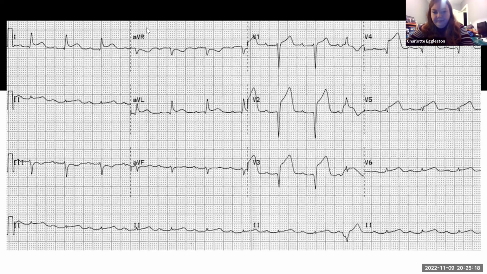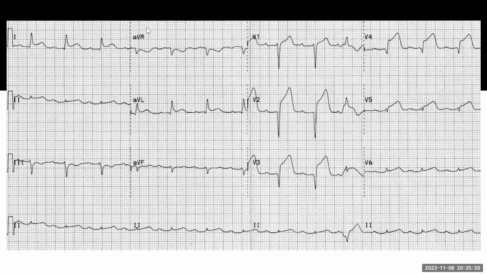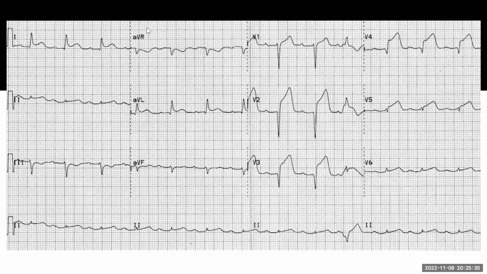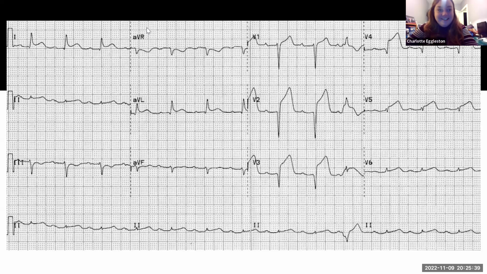So V6 and lateral, like left circumflex artery, maybe. Potentially. What about the other chest leads? Any worries? V1, V2, and V3. Yeah. Any others? This is quite a nasty ECG, to be honest.